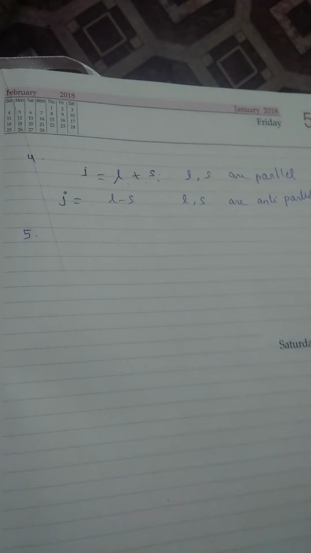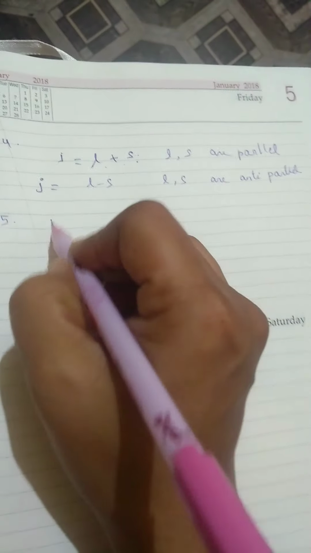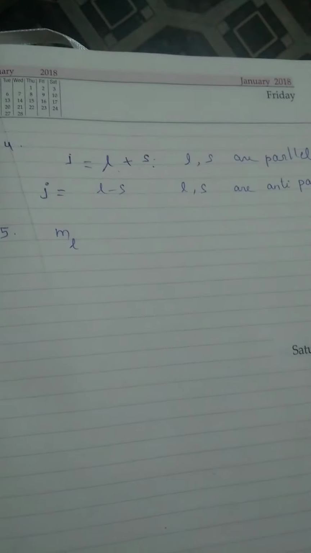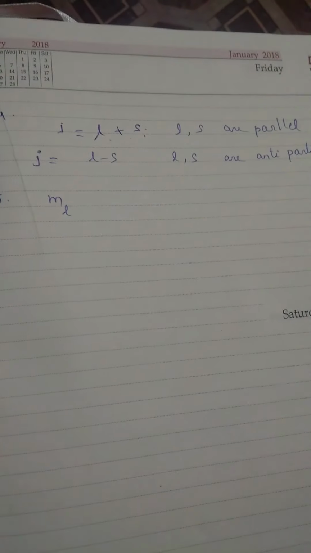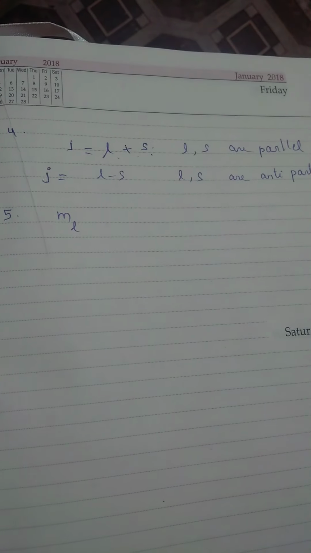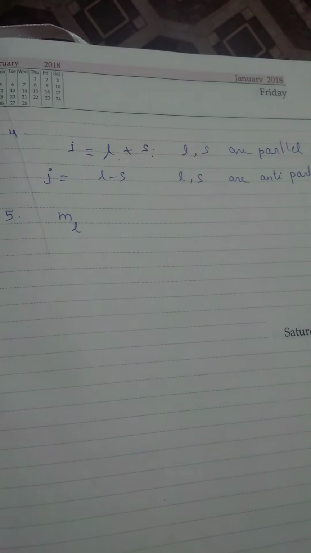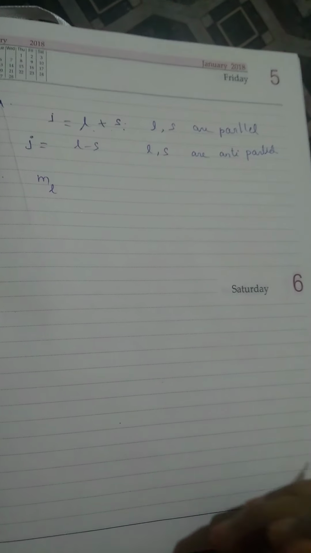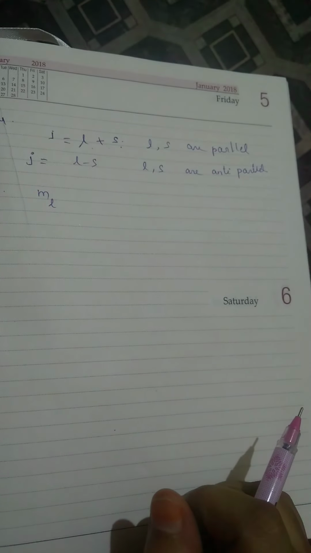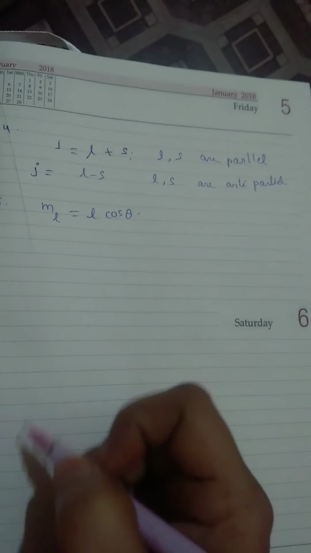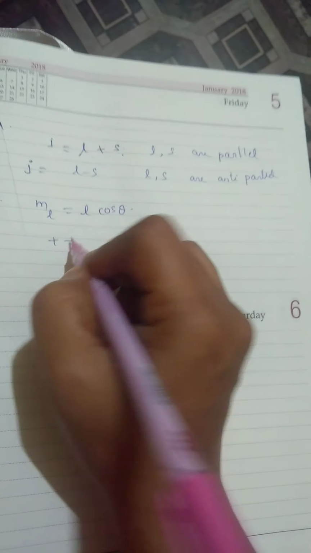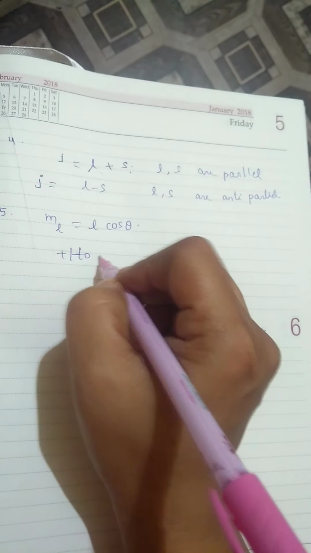The next quantum number is the orbital magnetic quantum number, m suffix l. To explain the effect of magnetic field on the orbital motion, a quantum number ml, known as the orbital magnetic quantum number, is introduced. That is, ml is equal to l cos theta, but cos theta lies from plus 1 to minus 1.